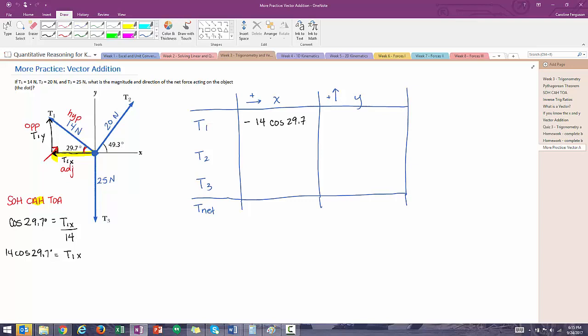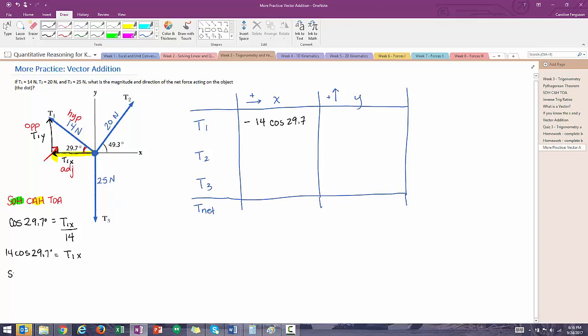Okay, so now I'm going to do the same thing to find the opposite side, T1y. So T1y is the opposite side of the 29.7 degree angle. And again, we know the hypotenuse is 14 newtons. So now we're looking at Sohcahtoa to figure out which one we should use for opposite and hypotenuse. So let's see, we have opposite here and hypotenuse. So that means we should be using sine. So I'm going to write that one out.